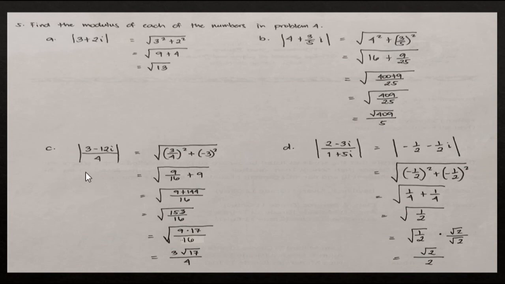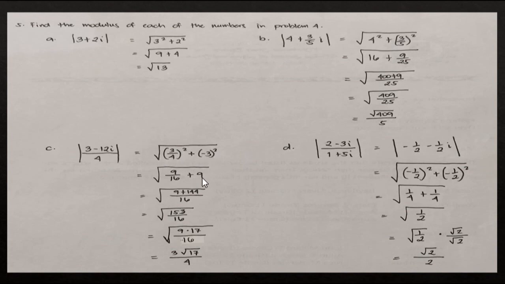The third one, the absolute value of 3 minus 12i all over 4. So again, our a here is 3/4 and then our b is negative 3 since negative 12 over 4 is negative 3. So the square root of a squared plus b squared. So 3/4 squared plus negative 3 squared. 3 squared is 9, 4 squared is 16.